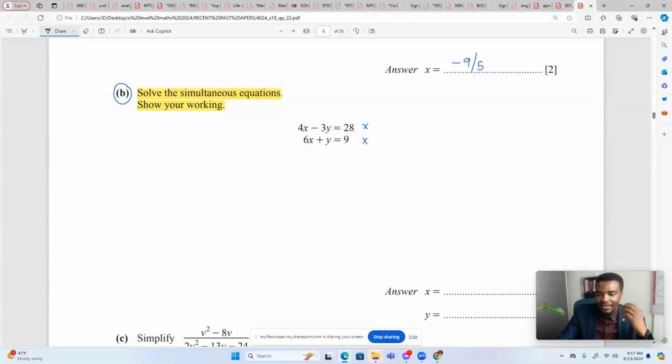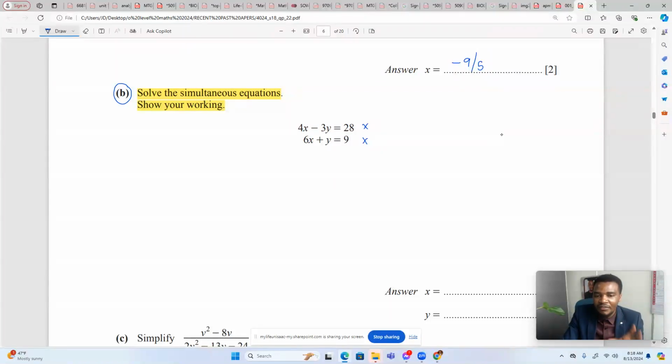But like what we did in class, I've seen that most of the students prefer the elimination method. And recently we've been doing very well in the elimination method. So today I'm going to tackle this simultaneous equation using the elimination method. What is the elimination method all about?